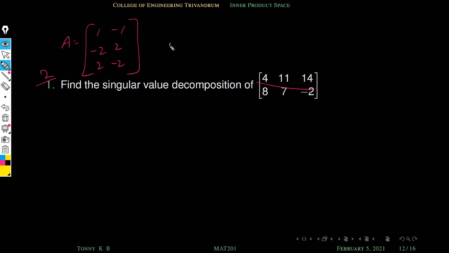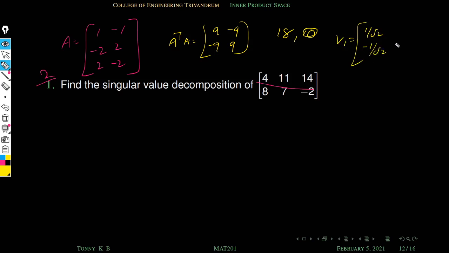So we have to find A transpose A. Here A transpose A equal to [9, -9; -9, 9]. So its eigenvalues are 18 and 0. The corresponding orthonormal eigenvectors are v1 equal to 1 by root 2, minus 1 by root 2, and v2 equal to 1 by root 2 and 1 by root 2.